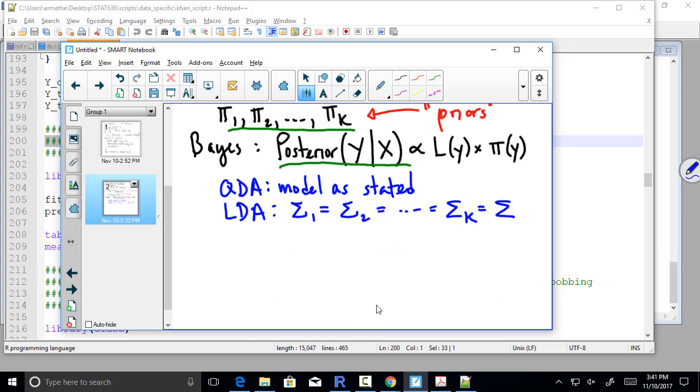And then naive Bayes says that there's a single covariance matrix and it's diagonal. So what that says is the features are independent of each other.